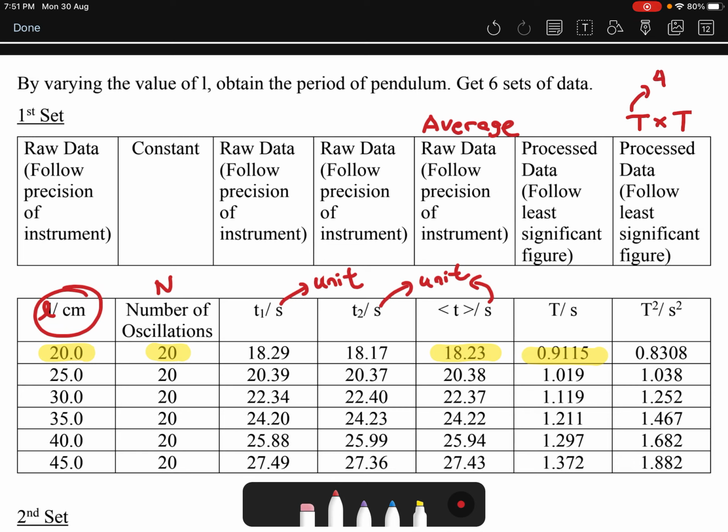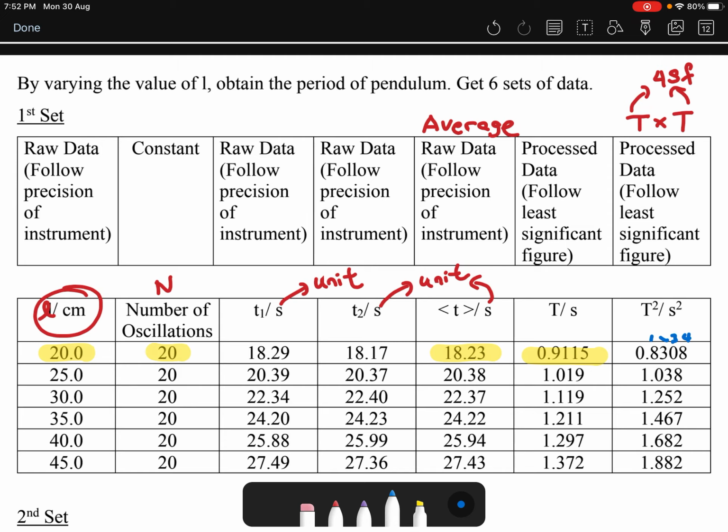When I multiply 4SF by 4SF, of course I must have minimally 4SF, or I can add one more, which is 5SF. But for me, I'll just put the least, 4SF, to be more consistent. I don't want to confuse myself. So that's why you see 4SF: first, second, third, fourth. This is how you put in all your table values.